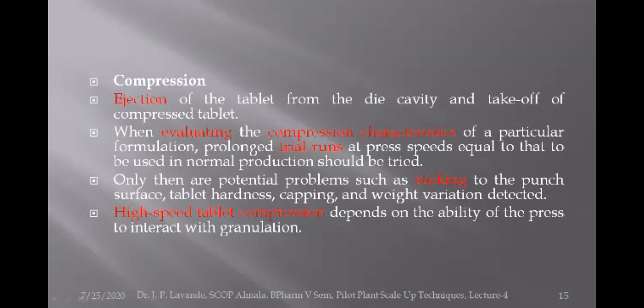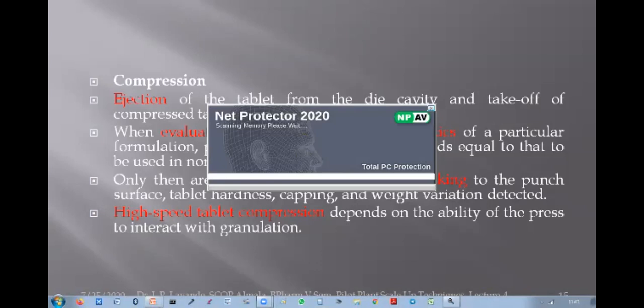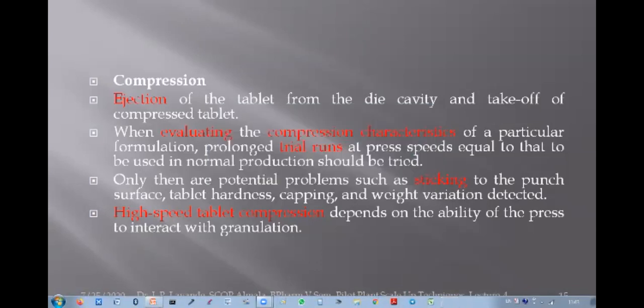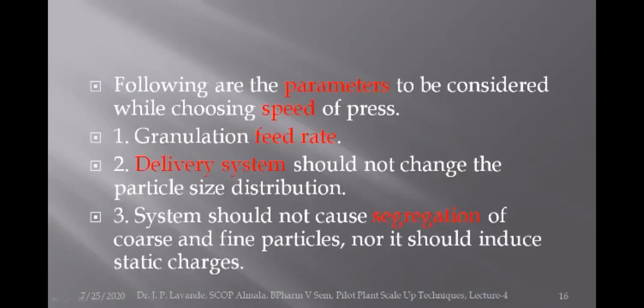Several times the tablet has to be subjected to various rotations, various speeds, with the help of different kinds of compression pressures, so that the specified tablets can be produced. High speed tablet compression depends on the ability of the press to interact with the granulation.